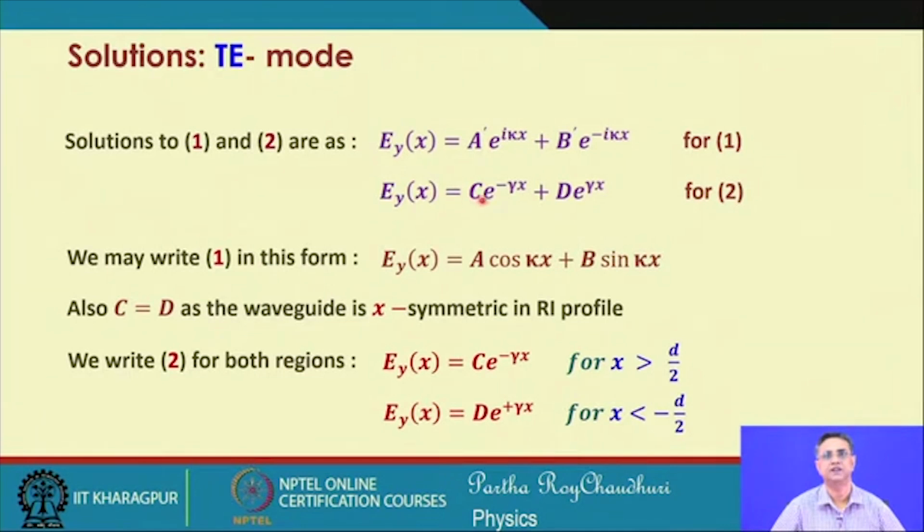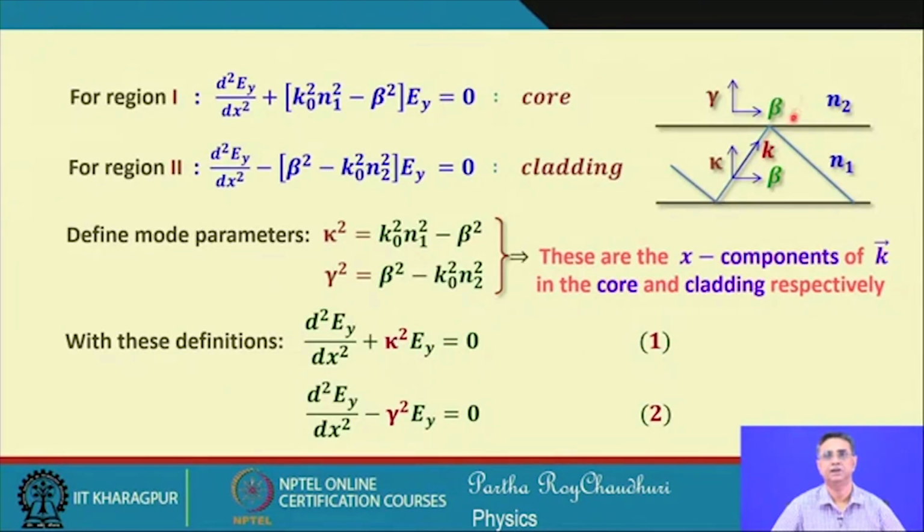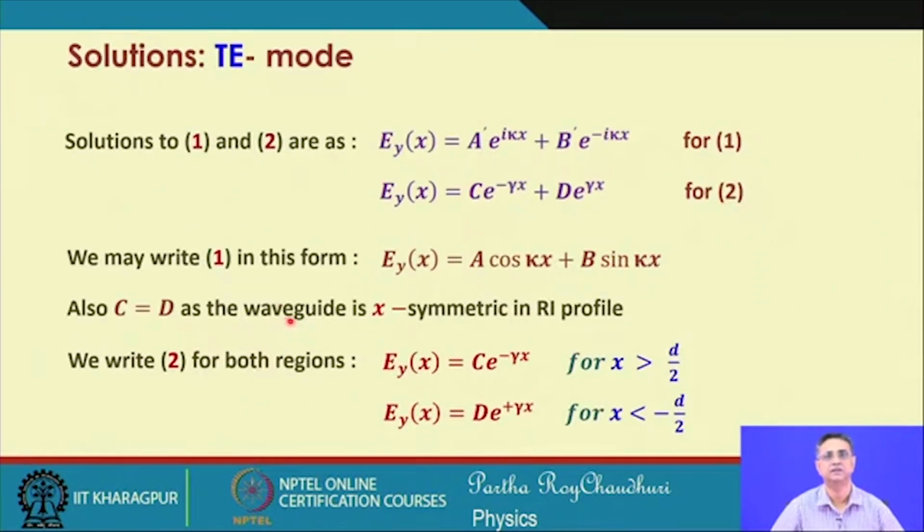So, therefore, C and D are the same as long as the waveguide has a symmetric refractive index profile. The variation of the field along this direction and along this direction will have the same constant. That is the idea.